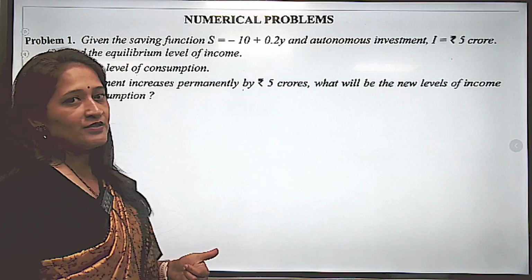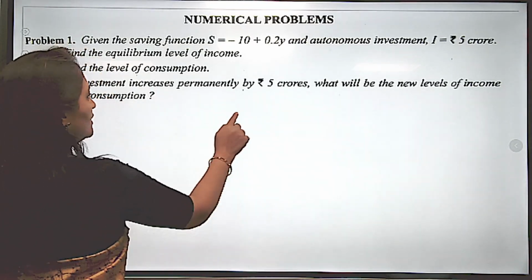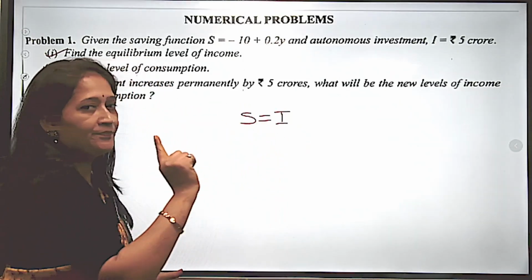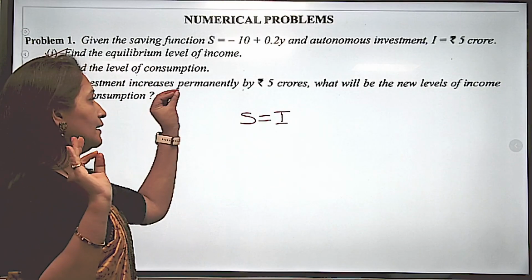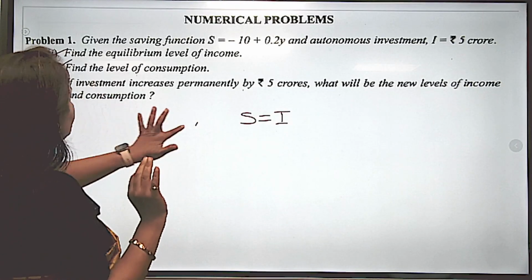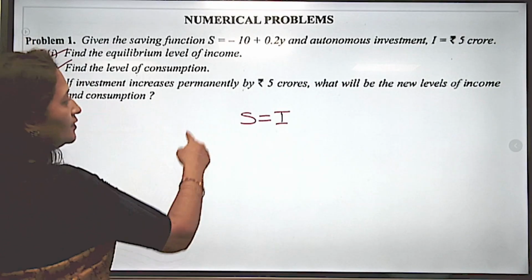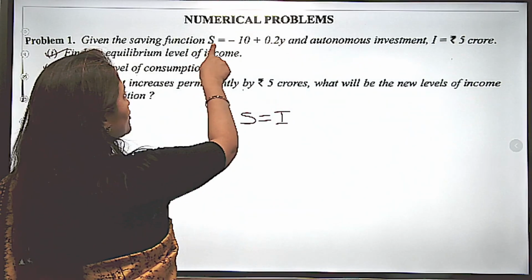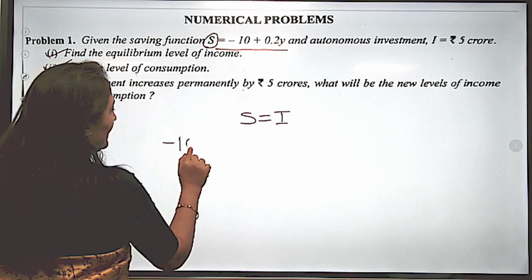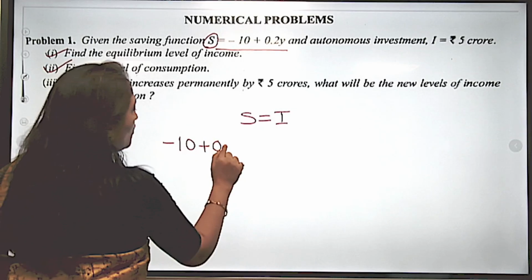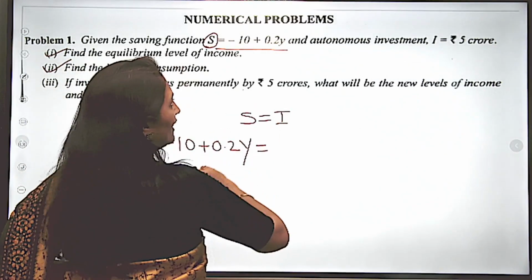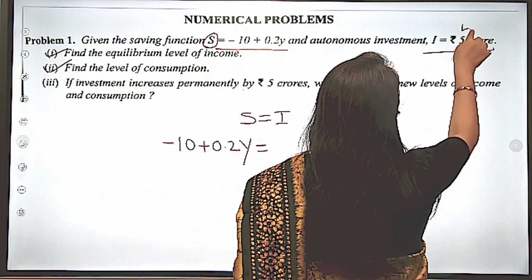As I told you just now, the equilibrium level of income is a situation where savings are equal to investment, right? I'm just going to replace the saving function in this equation. What saving function has been given to us? It's -10 + 0.2Y, which is equal to I, and the value of I is 50 crore.